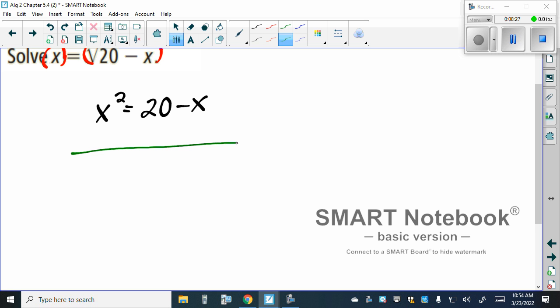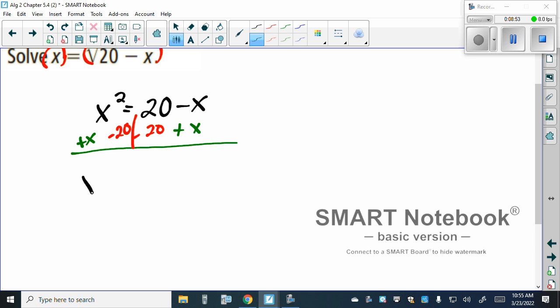Again, we have a quadratic, so it's good to get everything on the same side and get this thing equal to 0. So we can add x to both sides and subtract 20. If this is too much in one step, break it apart. Do it one at a time.